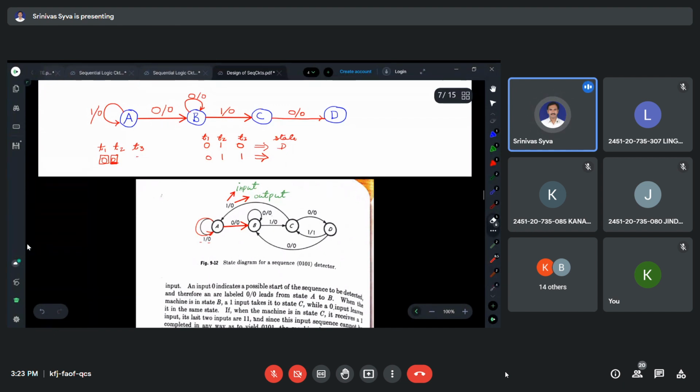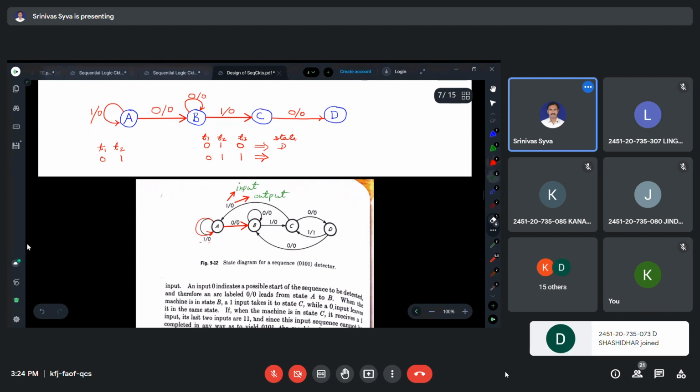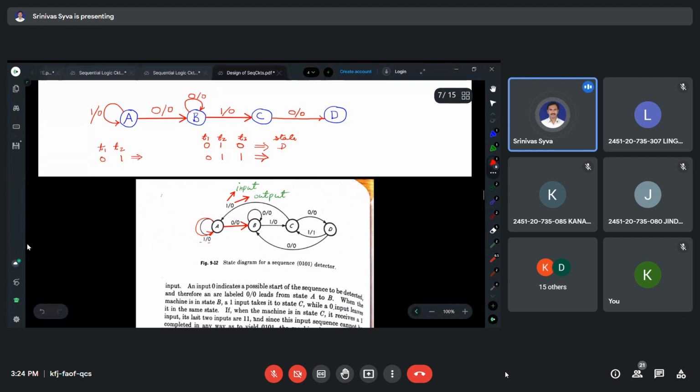Suppose after receiving the bits 0 and 1, the machine is in the state C. Now in the third bit, if I receive 0, the machine will enter into D state, from C to D. But if at the third instant of time we receive 1, after receiving 0 and 1, what happens?